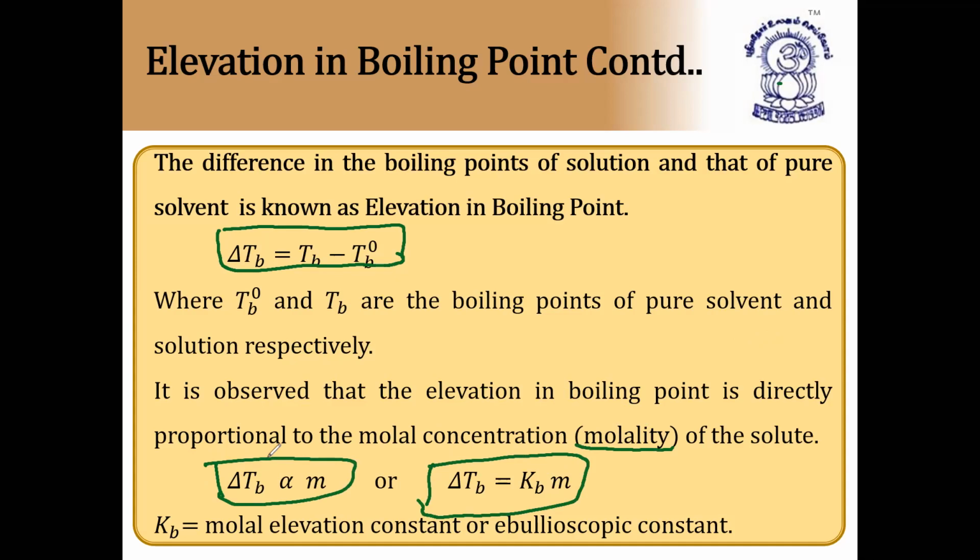For removing proportionality, we write delta TB is equal to Kb into m, where Kb is called the molal elevation constant or ebullioscopic constant. So delta TB is called elevation in boiling point. Next.